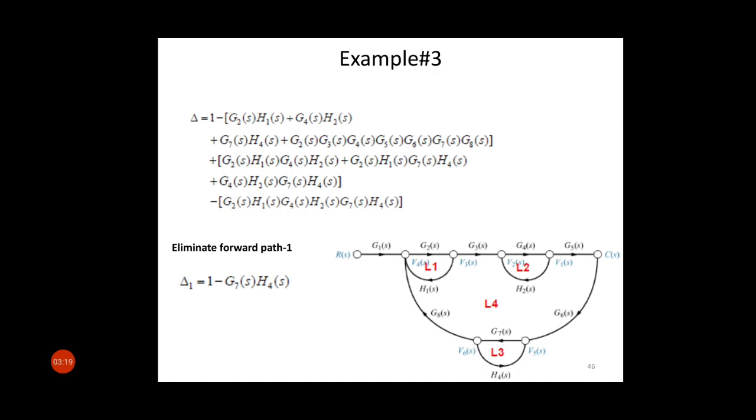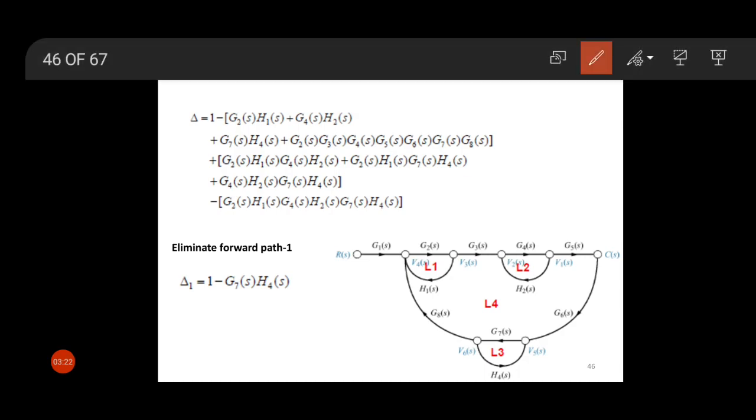If we consider this as our forward path, it is not touching the loop L3. So here it is 1 minus L3, and the value of L3 is G7 into H4. So put the loop gain of the loop which does not touch the forward path.